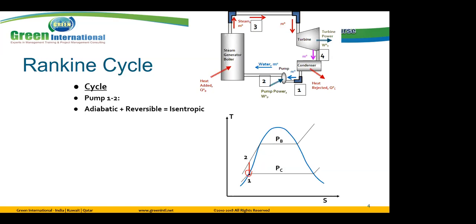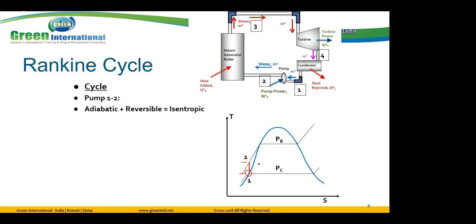So we're going from the saturated liquid up to the high pressure side, this 1 to 2, and the work energy needed for this pump is equal to H2 minus H1.